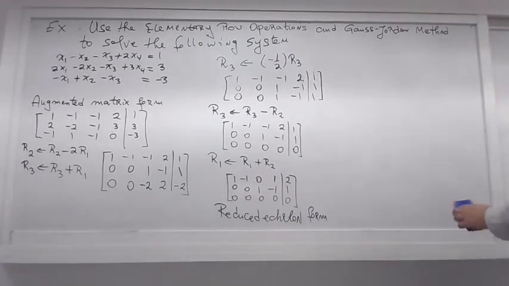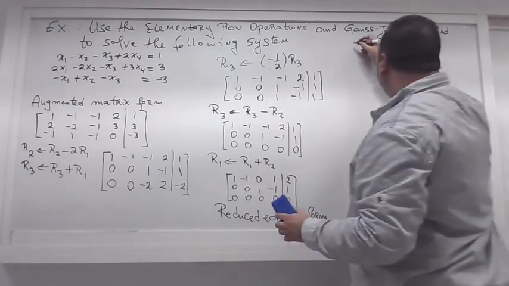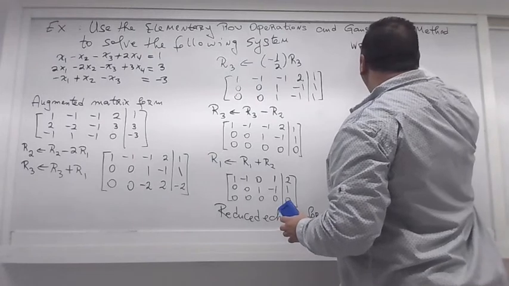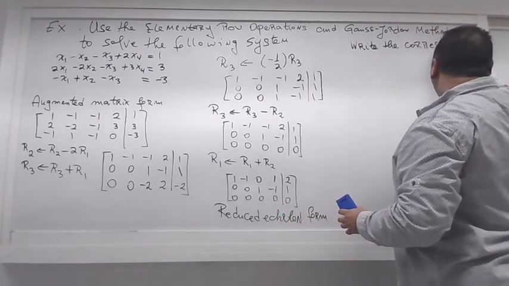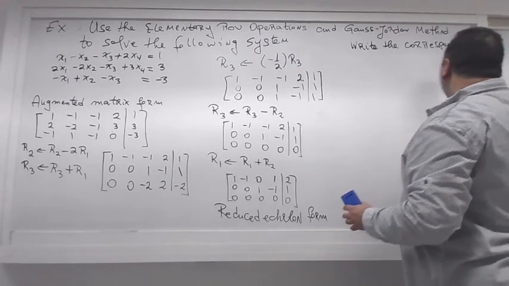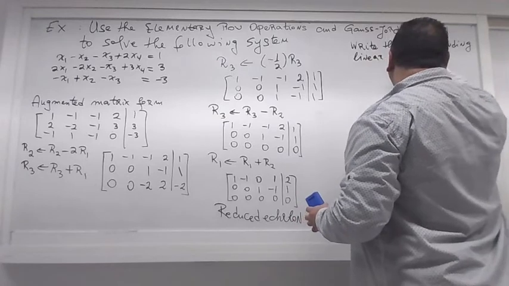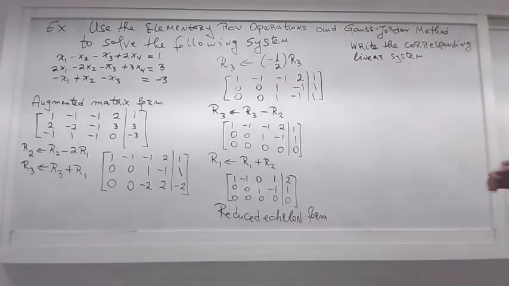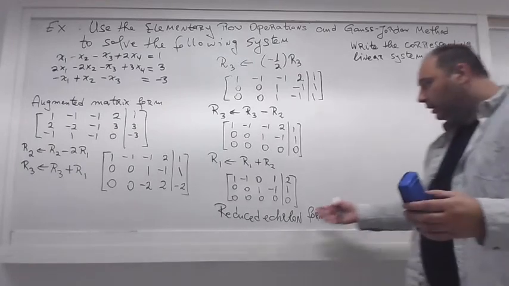Now, write the corresponding linear system. I don't need to keep repeating linear because all our systems are linear. Why do I do this? Well, I'm done here.